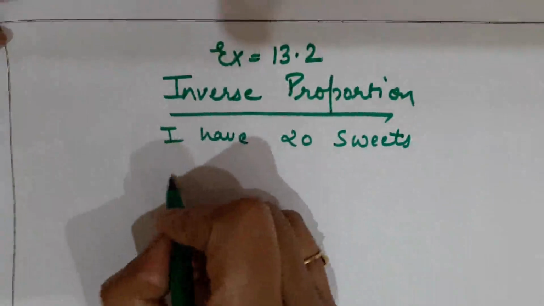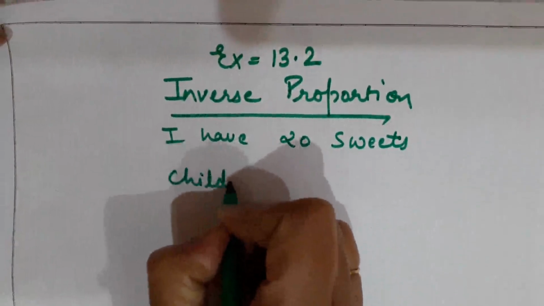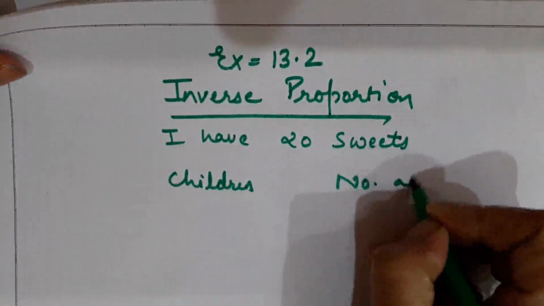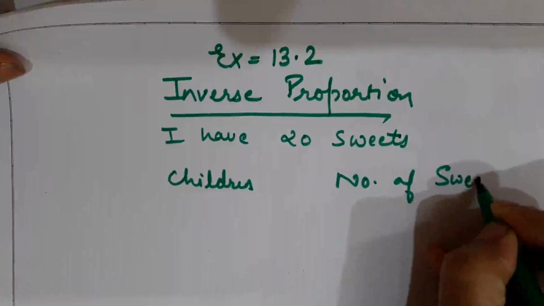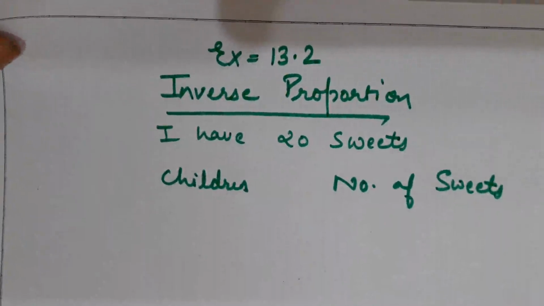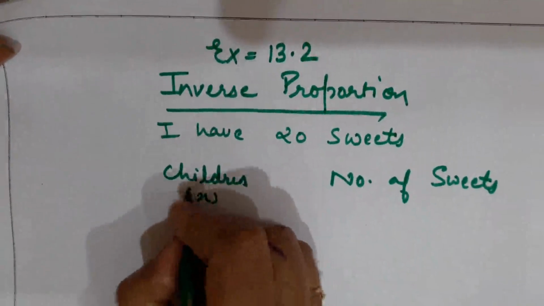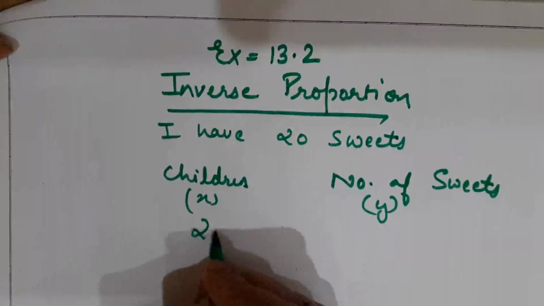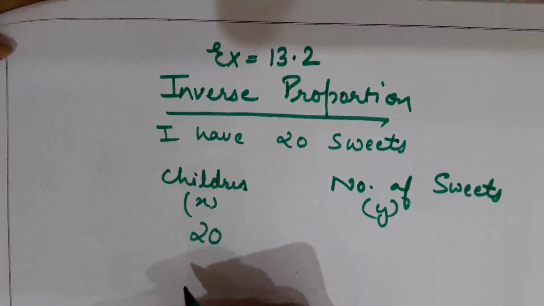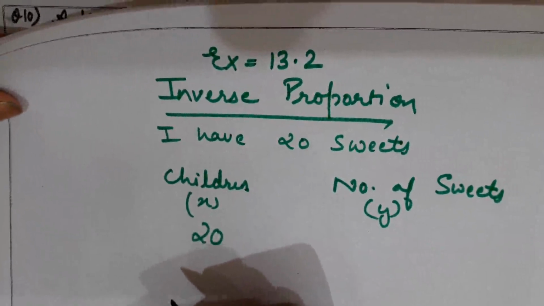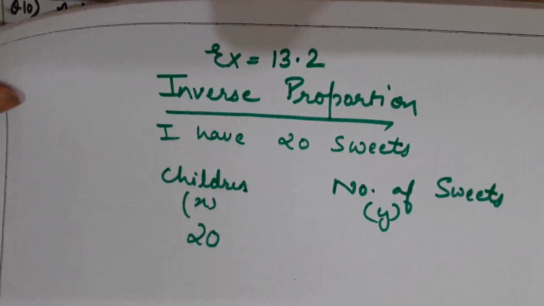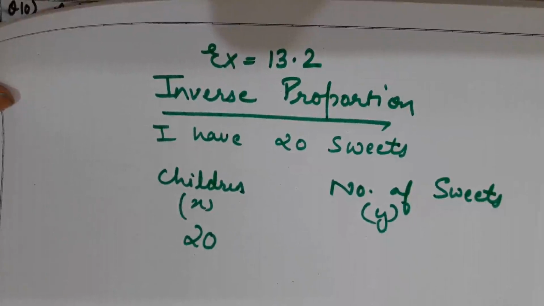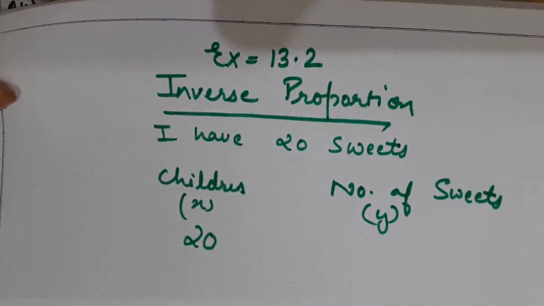So let's make a table: one column of children, another of number of sweets. Children are x and number of sweets represent y. If I have 20 children, how can I distribute 20 sweets?